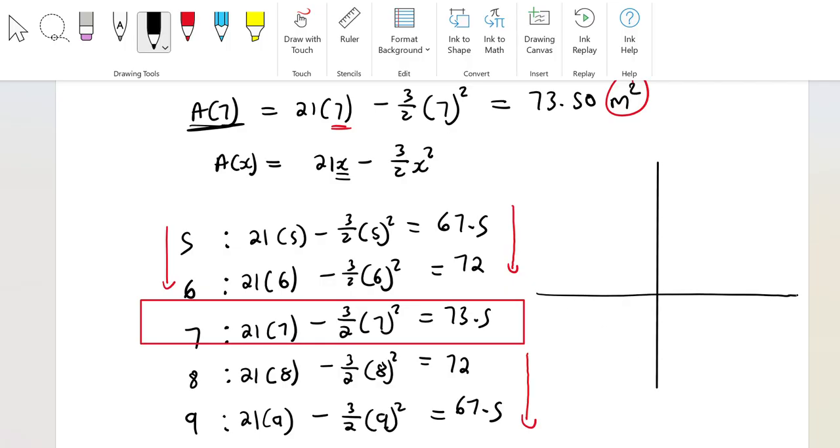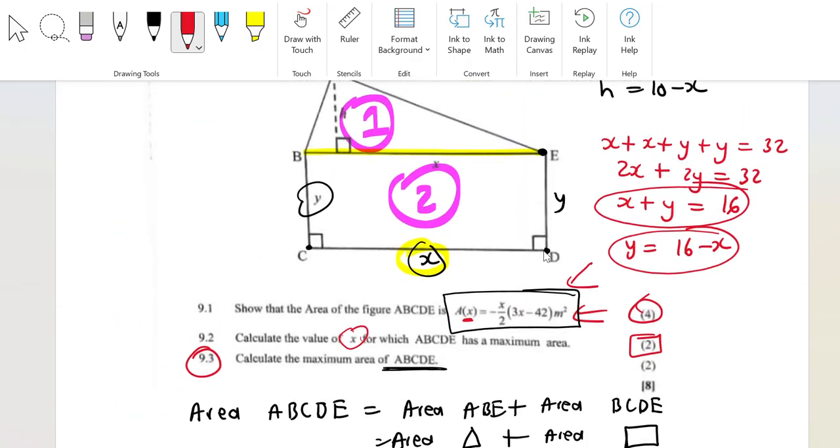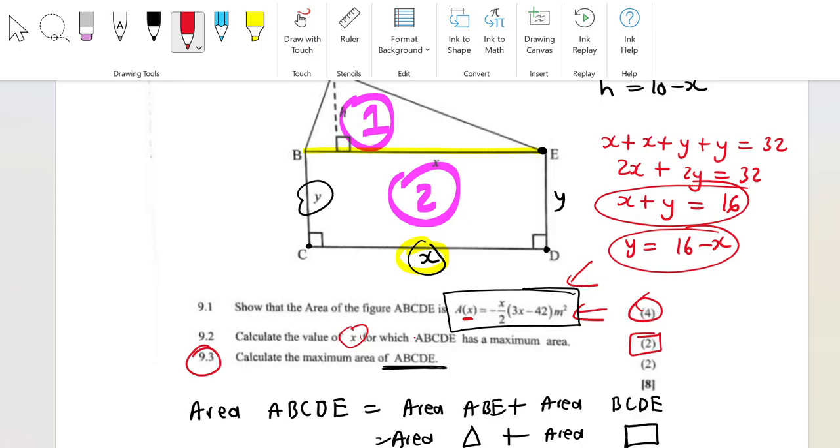You will say that your x-axis goes 5, 6, 7, 8, 9, 10, 11. Well, these values are increasing as you move, they reach 7, and then they start decreasing again to the same spot. Now, if you can check, at 7, this is where we have a maximum area. So this is what you were required to prove here, that when the value of x is 7, then you will have a maximum area.